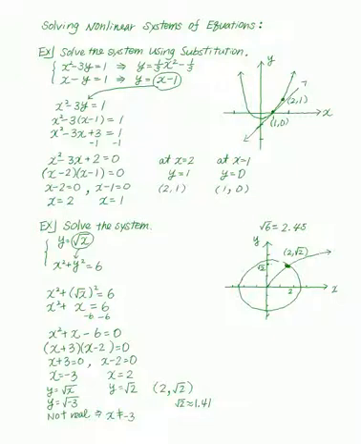For our next example, we're going to use a different method to solve this system. Just like with linear systems of equations, we could use the substitution or the elimination method. We're going to use, in this case, the elimination method.